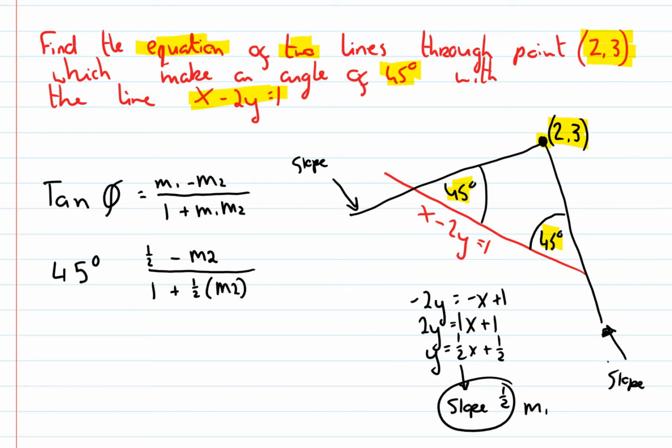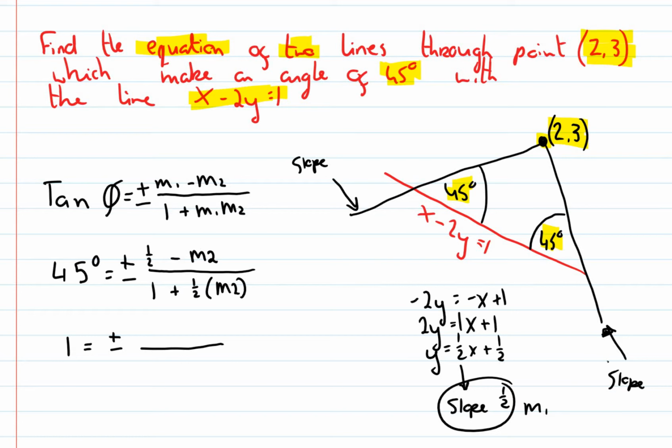So let's go. By the way, I just need to put in the plus minus into my formula. Right. Well, tan of 45 is 1, equals plus minus, a half minus m2 over 1 plus a half multiplied by m2. There's a lot of halves there.